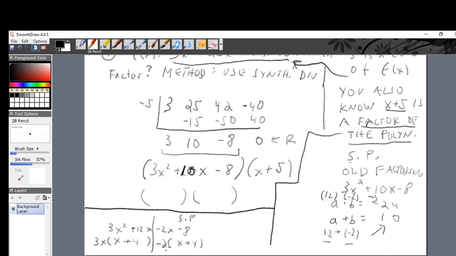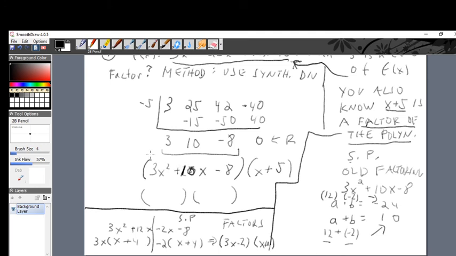So the factors are as follows, and we're almost finished. 3x minus 2 times x plus 4. We now have the factors of this trinomial. This trinomial is factored. It's done.